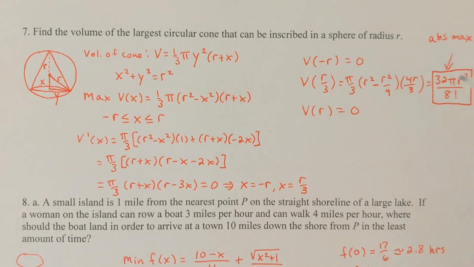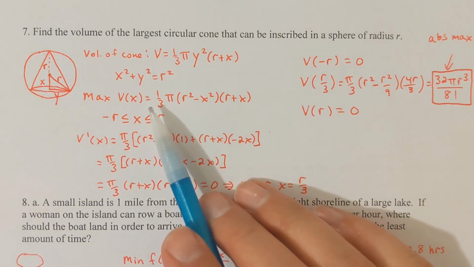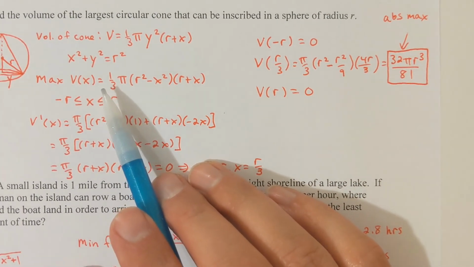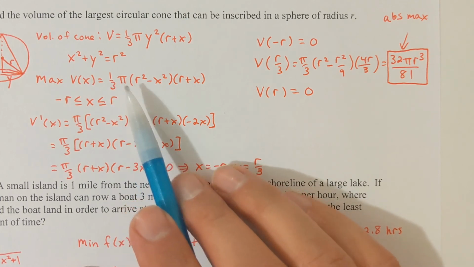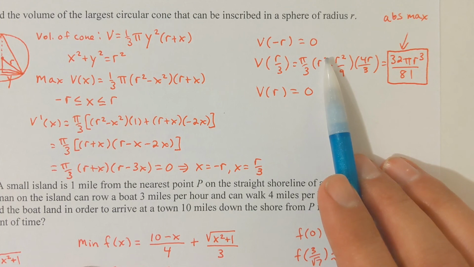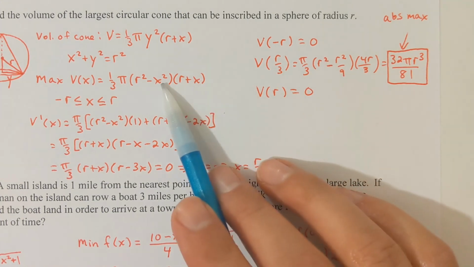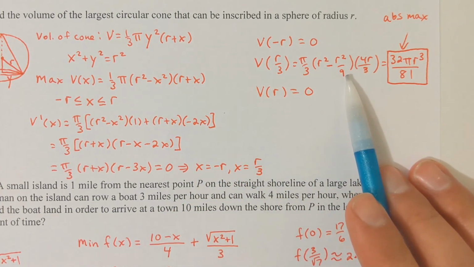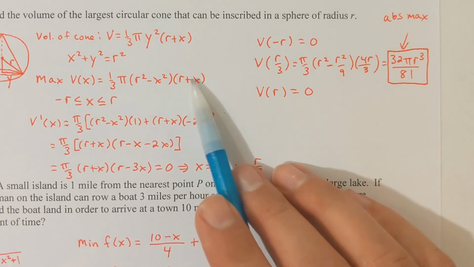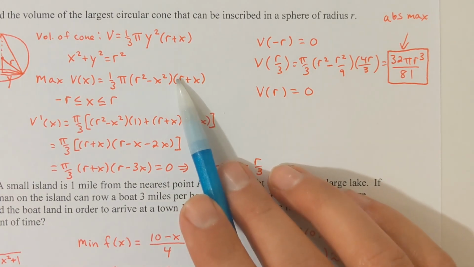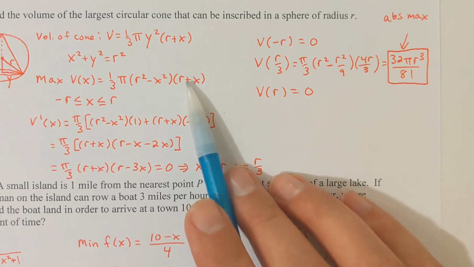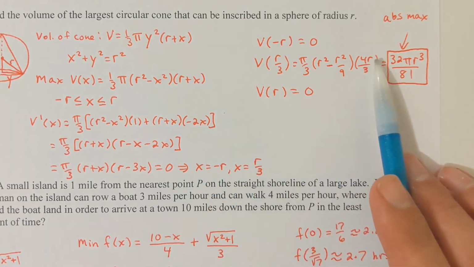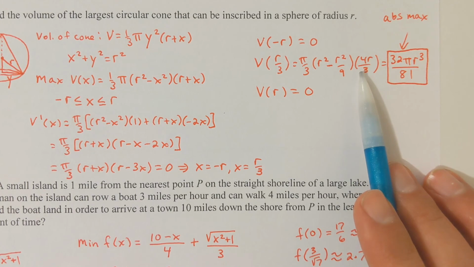Now if x is r over 3 and you plug that into v, you're going to have pi over 3 times the quantity r squared minus r over 3 squared, that'd be r squared over 9. And then r plus r over 3, well r is the same as 3r over 3, right? So 3r over 3 plus r over 3 would be 4r over 3.